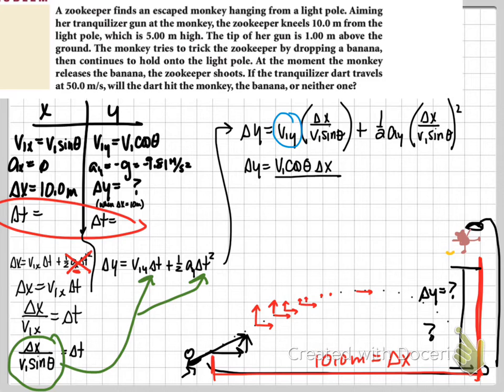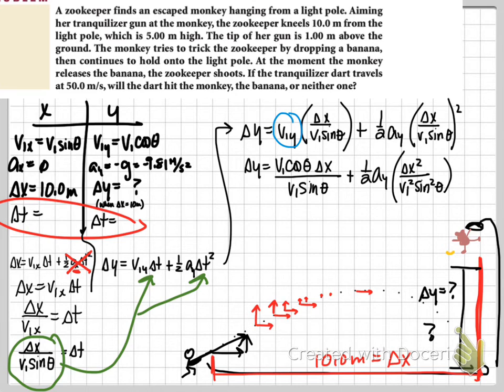Delta x over Vi sine theta plus 1/2 a sub y times delta x squared over Vi squared sine squared theta. And the way you note that Vi squared sine squared theta is really important because the Vi is squared and the sine is squared. Theta is not squared.